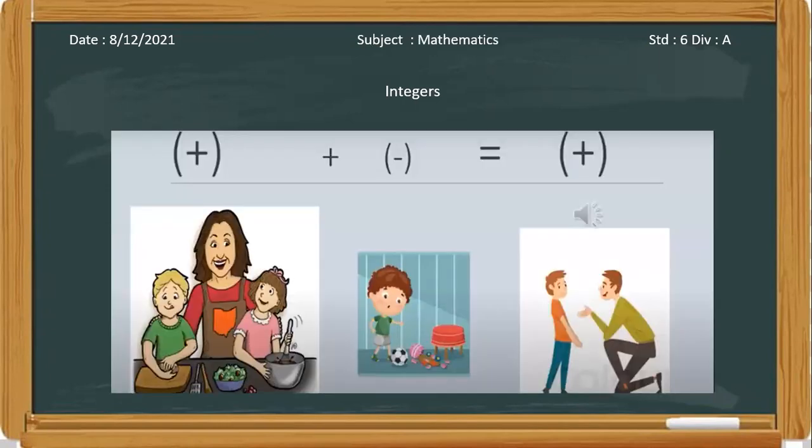See, this is the positive and this is the negative, which will give positive. What is it saying? If we are helping our mother regularly, doing it daily or at a high level, this is the positive. We are doing the positive work more, right? We are helping our mother daily. That's positive work. But by chance, by mistake, one day because of us something invaluable in our house gets broken.